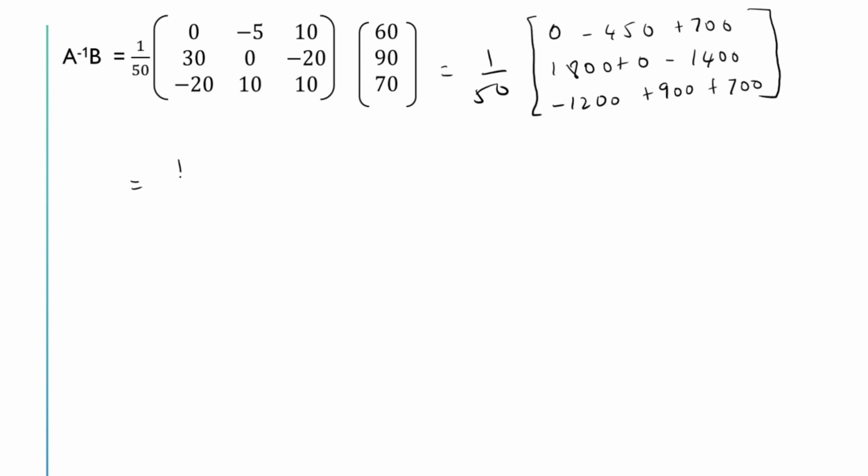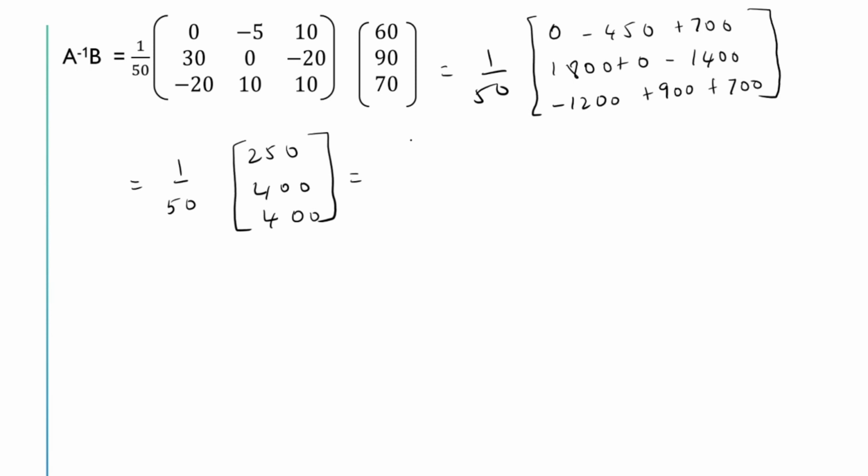So this is equal to 1 by 50 into 700 minus 450 is 250, then 400, and then 1600 minus 1200 is again 400. So we can divide each term by 50.